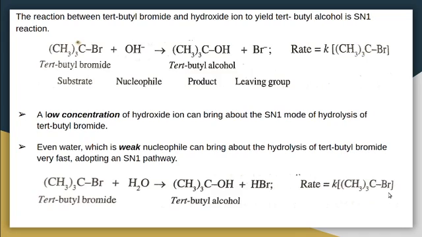So the nucleophile has no role in the rate of an SN1 reaction, but in the case of an SN2 reaction, the rate depends on both the concentration of substrate and nucleophile. So we have to use a strong nucleophile in an SN2 reaction, but in an SN1 reaction we can use a weak nucleophile for the hydrolysis.